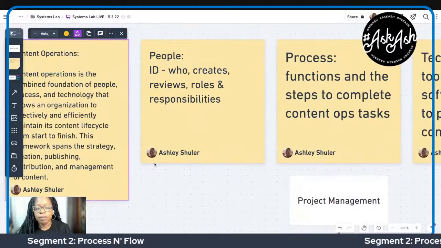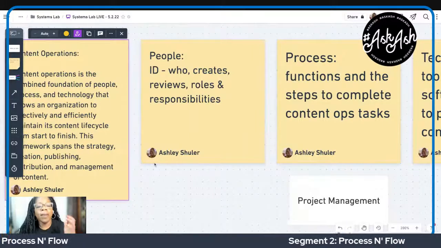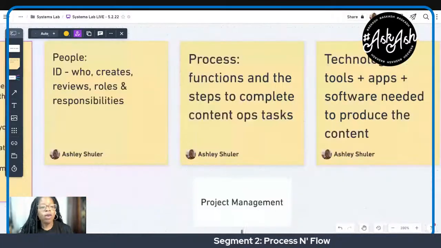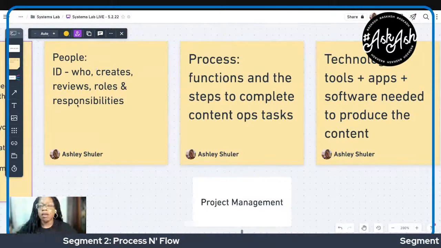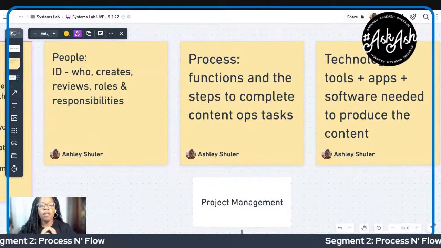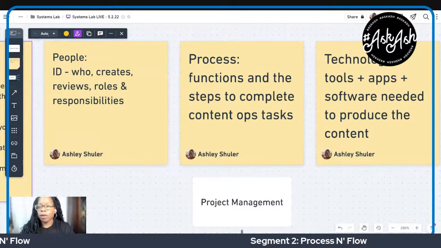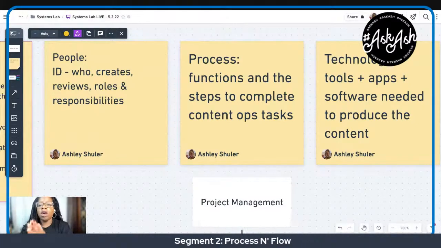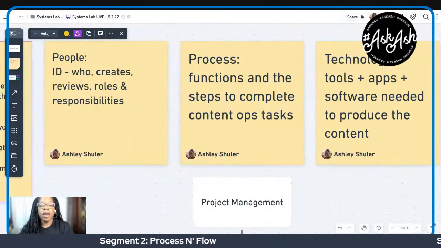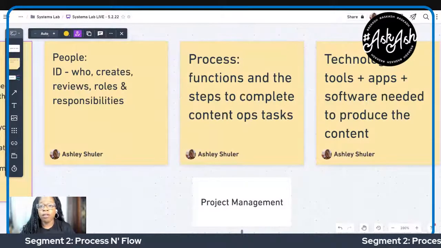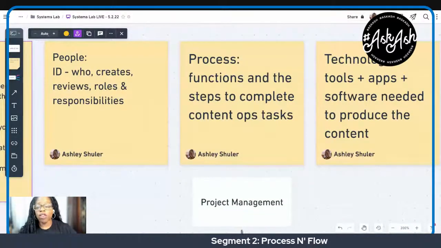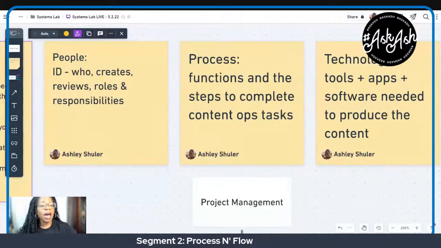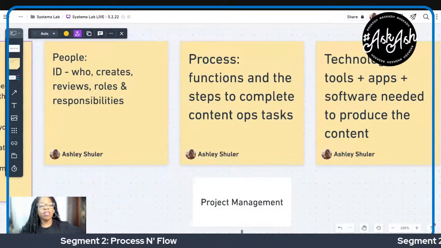So we have the people, which is all of the players that are involved in creating the content. This is the blog writers, the copywriters, the videographers, the video editors, the graphic designers, all of these individuals, the social media strategists, the content creators, the content strategists.